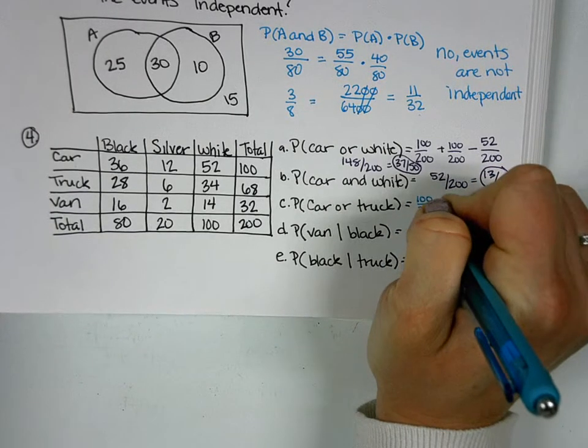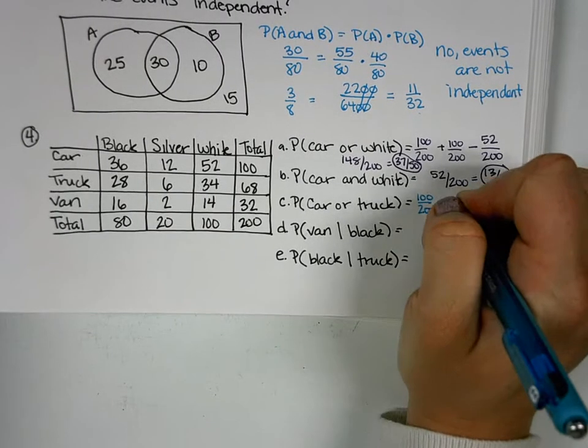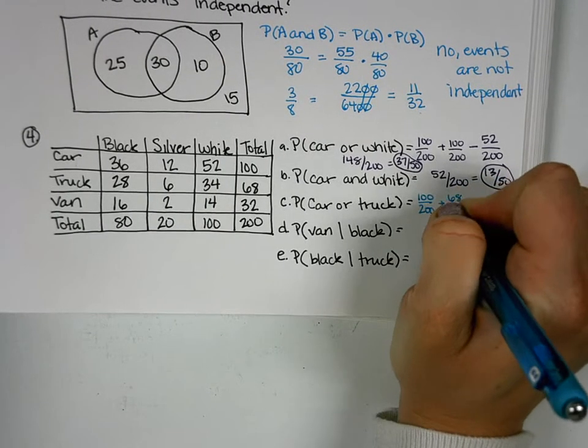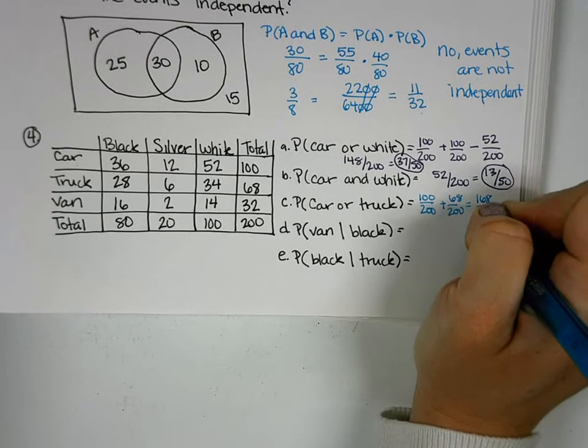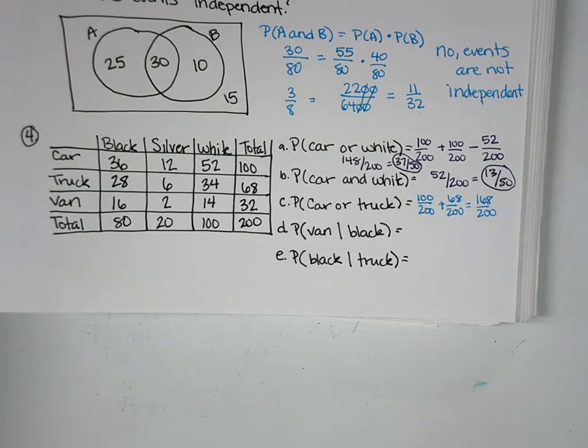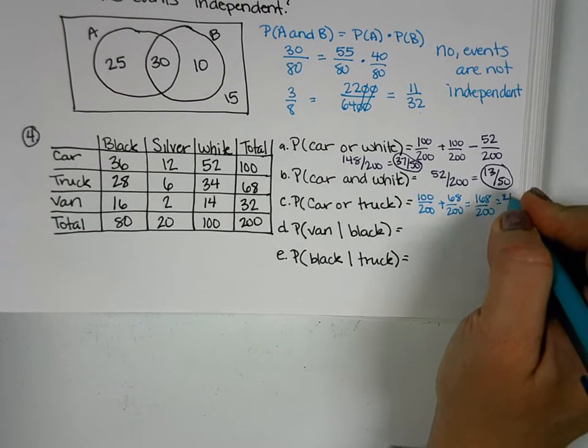Plus our probability of a truck. So that's 168 out of 200. So when we type that in and reduce our fraction, we get 21 out of 50.